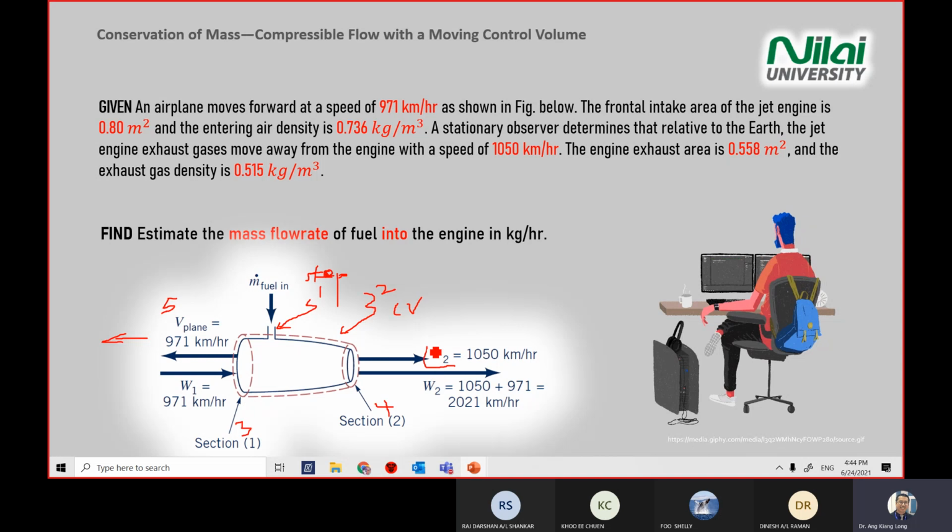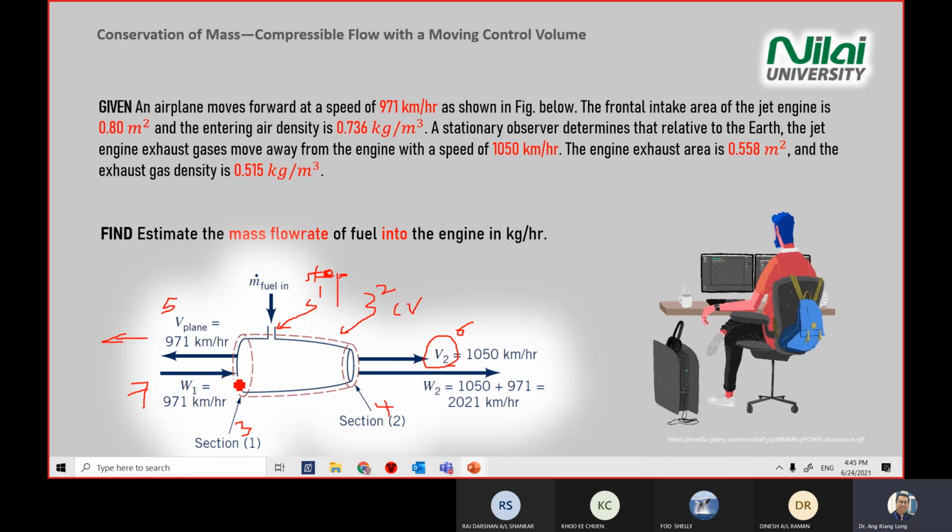You have an exhaust velocity V2 here, item number 6, and then you need to add one more component in your diagram, which is the relative velocity. Relative velocity is also given. So the relative velocity at your inlet will be the same as your plane movement, but the direction will be different.